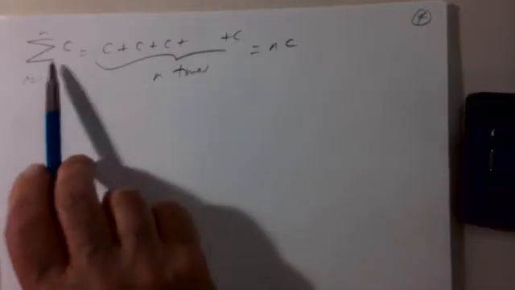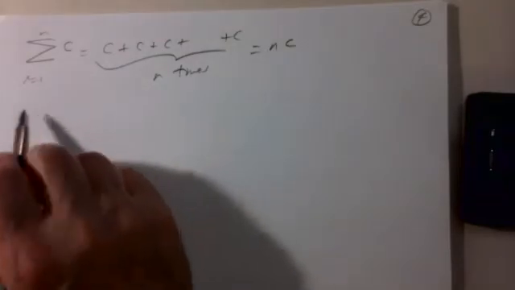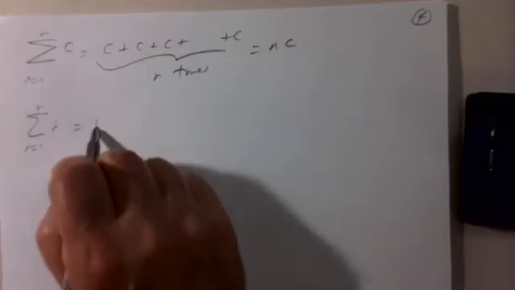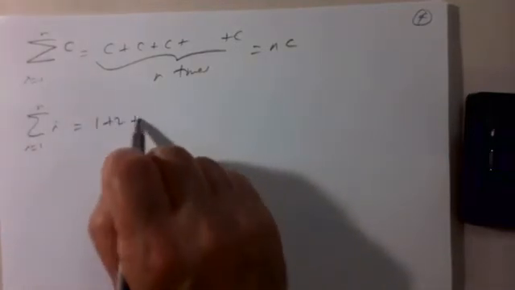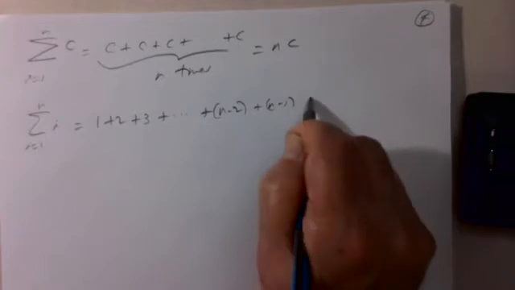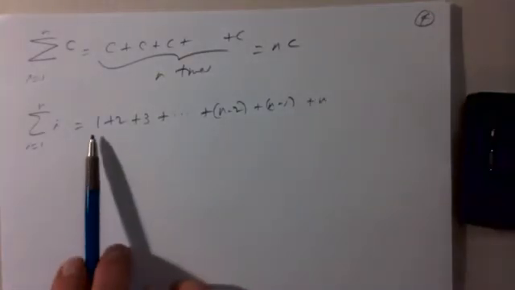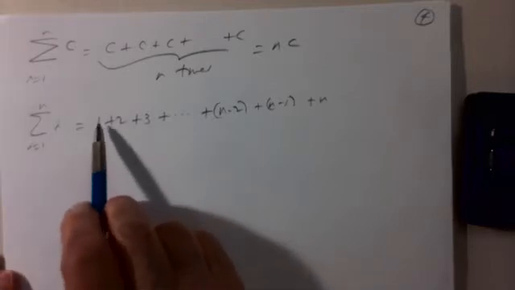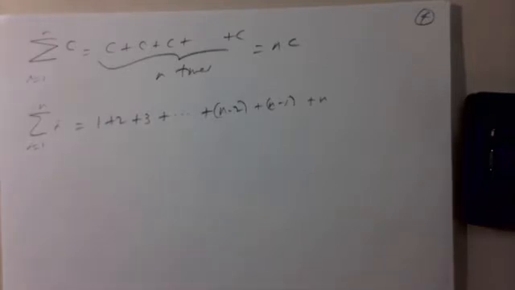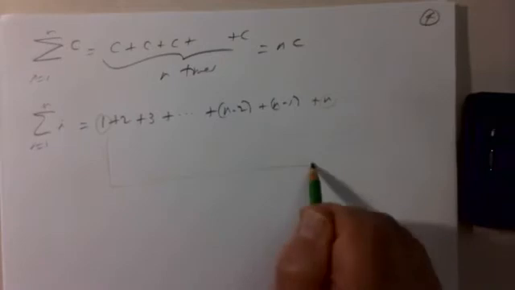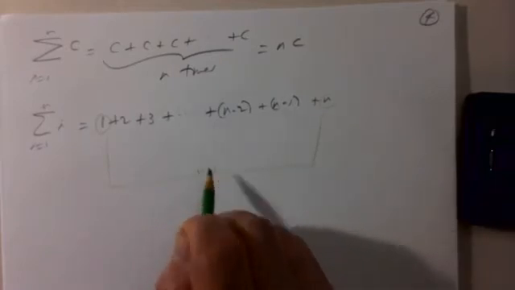All right. So this is the sigma notation. Suppose we have the summation i goes from 1 to n of i. This means when i equals 1, it's 1. When i equals 2, it's 2. So this means the sum of the first n positive integers. And there's a simple formula for this, which you can see as follows. If you take the first term and the last term and you add them up, you get n plus 1.